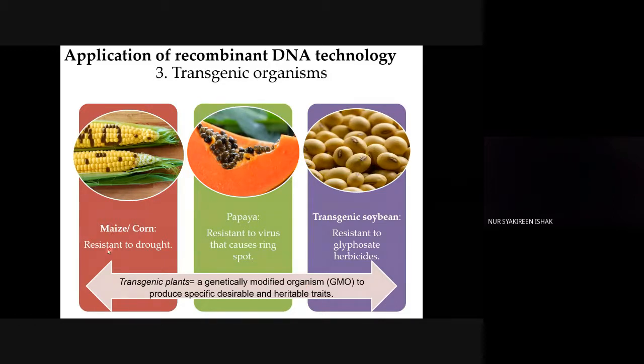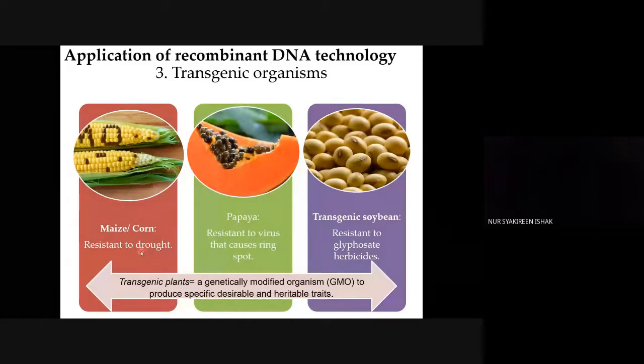Okay, sama juga. So to produce corn with better traits, such as for example resistant to drought. So you insert gene that allows the corn to be able to survive more during dry season, for example.